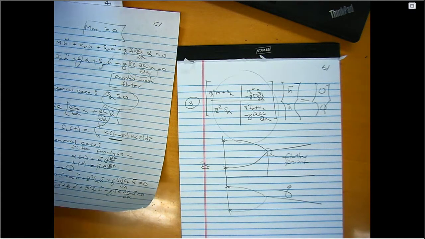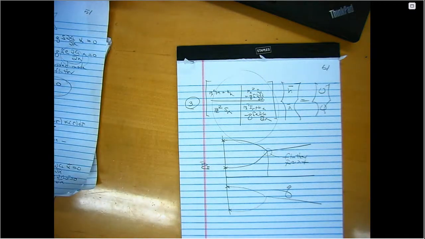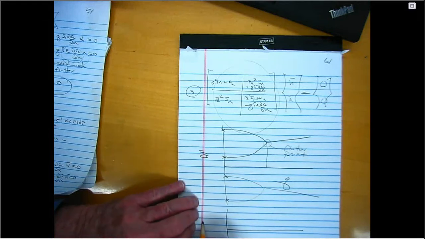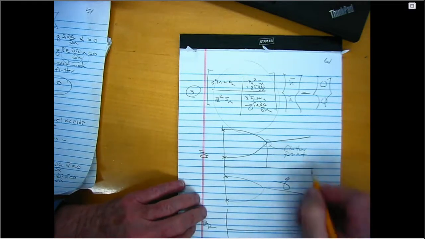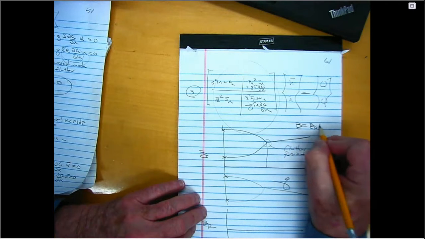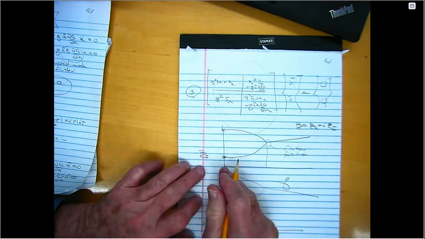Why is that the flutter point if the imaginary part of beta for each mode is already positive? No. Well, let me draw you the rest of the picture. Now I'm going to plot the real part. Remember, beta is a real part plus i times an imaginary part, right? So I plot the imaginary part here.